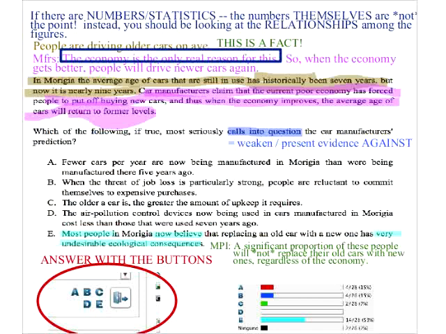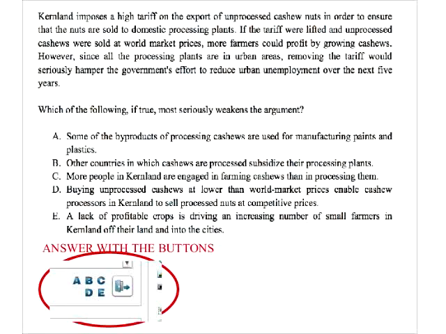Go ahead and try this one right here. Again, please answer with the buttons. Please do not answer in the text box. Thank you. Okay, here's a timer. Okay, ladies and gentlemen, it's time to pick something pretty soon.